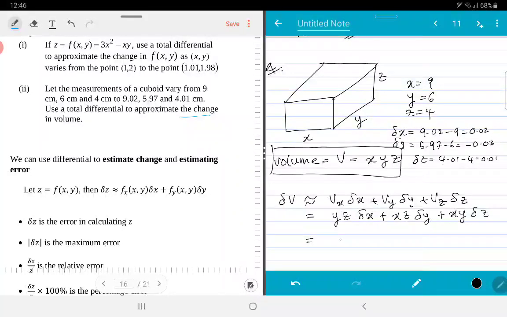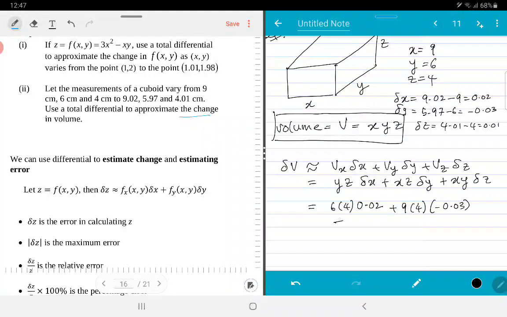So we have 6 times 4 times 0.02 for delta x. For the next term, x is 9 and z is 4, and delta y is negative 0.03, plus xy, x is 9, y is 6, times delta z, which is 0.01. Oh, I don't have my calculator with me.